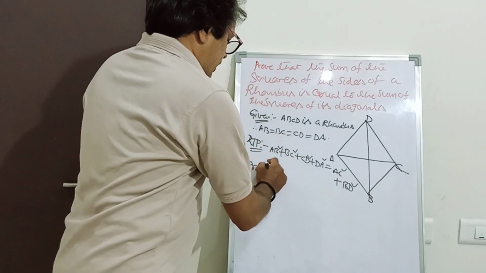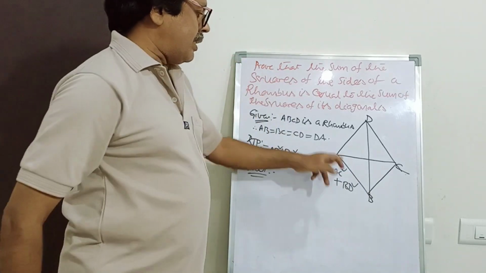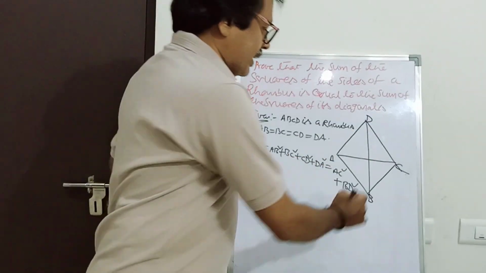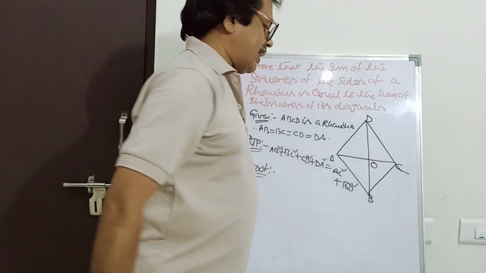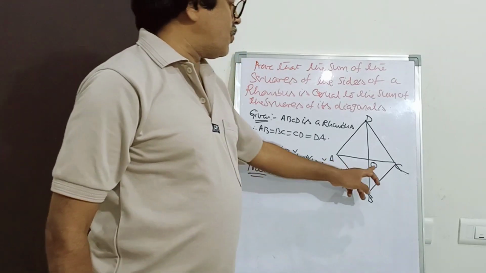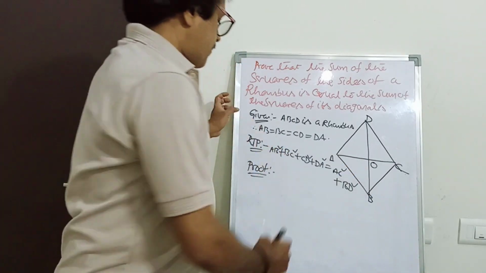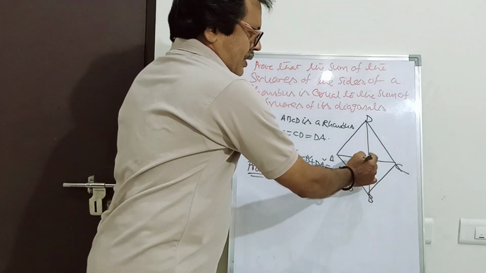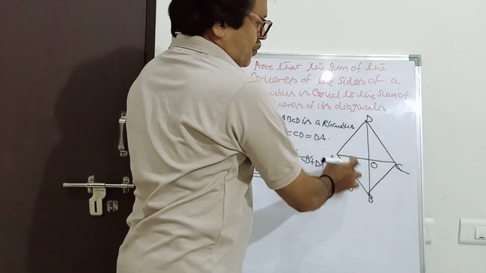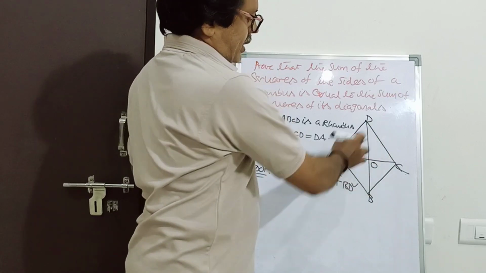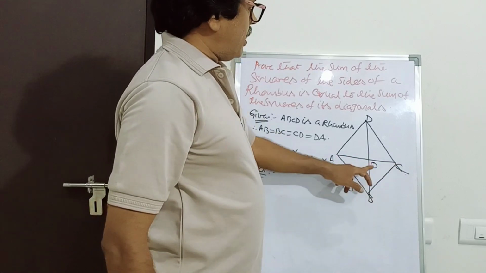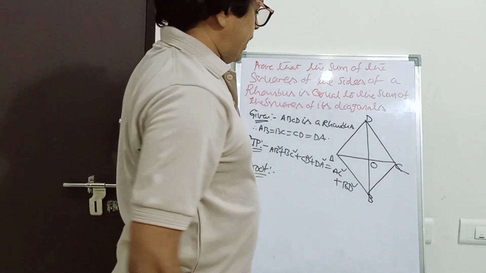So let us prove these results here. ABCD is the rhombus. AC and BD are two diagonals which bisect each other. So let the point of intersection of these two diagonals be O. These two diagonals divide the rhombus into four congruent right angle triangles: OAB, OCB, OCD, OAD.